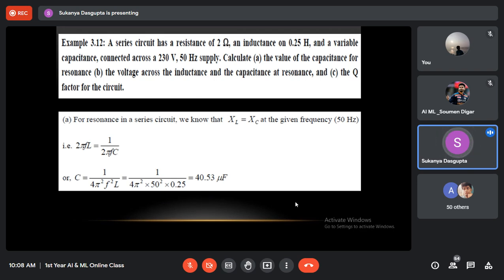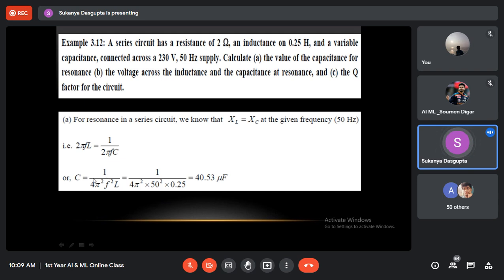Okay, so for series resonance, we know this condition. Capacitive reactance must be exactly equal to the inductive reactance. XL should be equal to XC at a particular frequency 50 Hertz, which is mentioned in the problem. That means omega L is equals to 1 by omega C. XL is omega L, 2 pi FL, and XC is 1 by omega C, 2 pi FC.